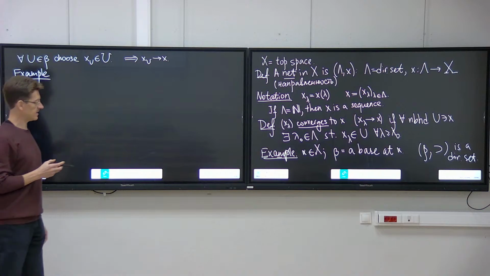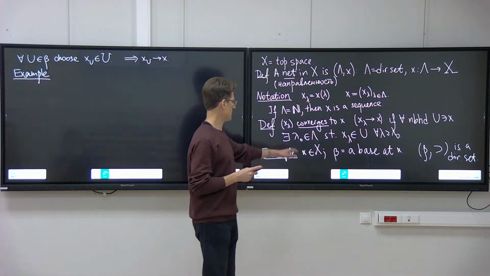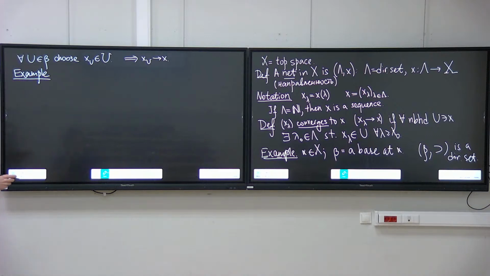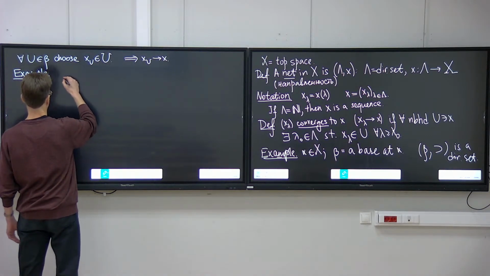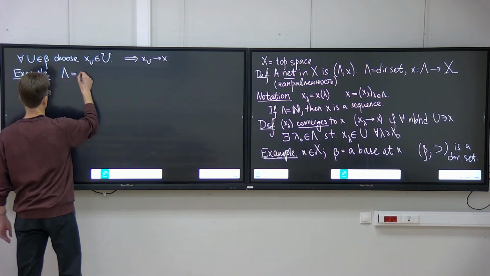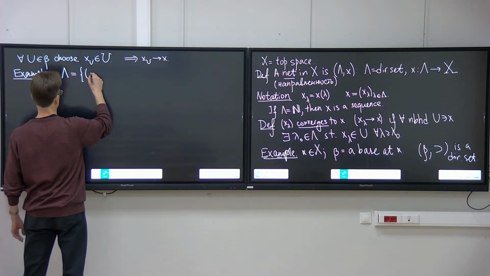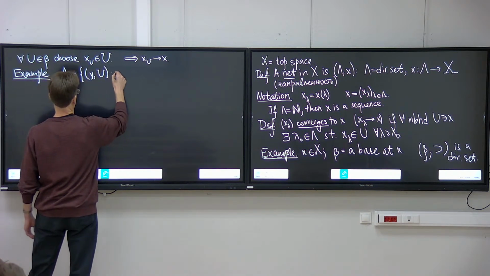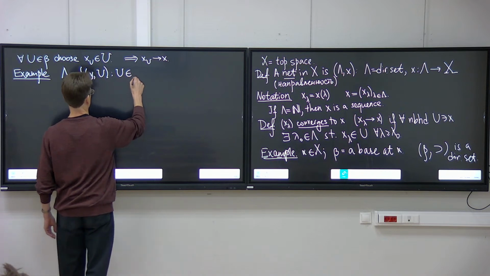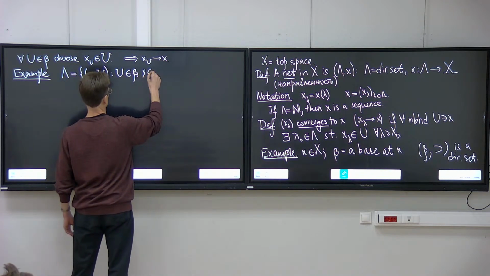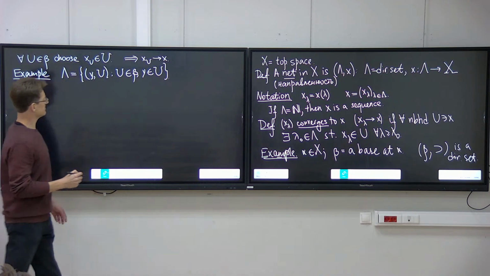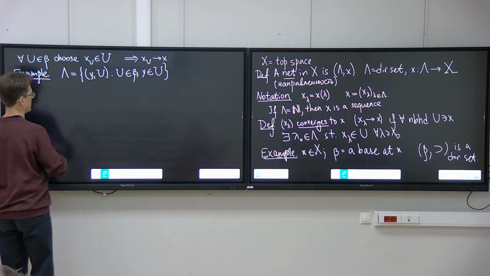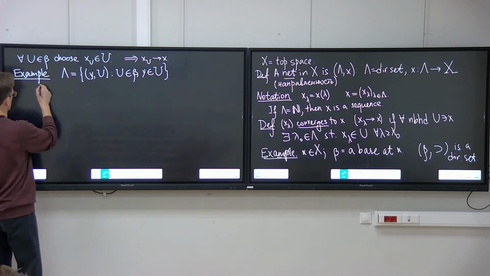This example is exactly a situation where lambda is not a partially ordered set, but is a partially pre-ordered set. So let lambda consist of all pairs (y, U), where U belongs to our base and y belongs to U. We must introduce the order relation.